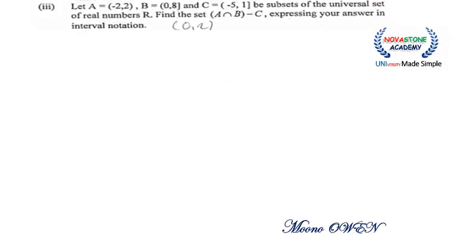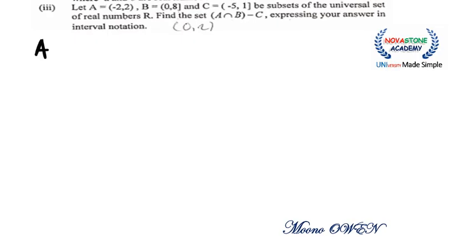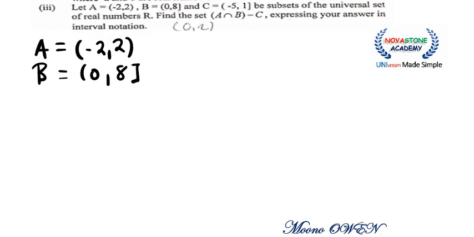Okay, we come to the question on sets. We've been told to let A be that. We've been given that A is (-2, 2), B is from 0 to 8 closed, C is from -5 to 1 closed.